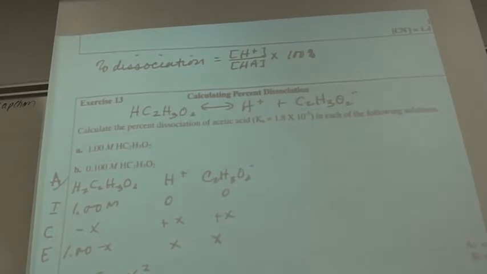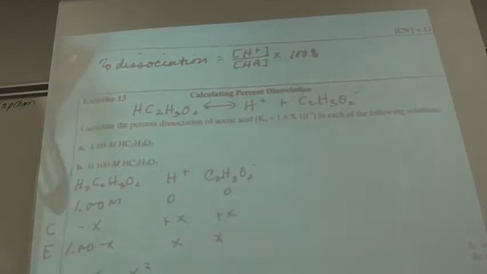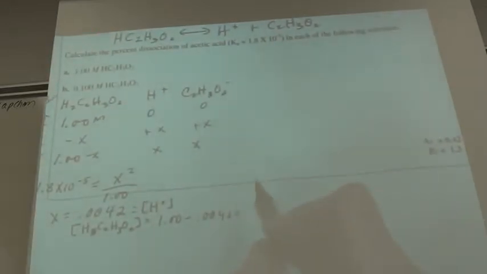And then the acid concentration at equilibrium, HC2H3O2, would be equal to 1 minus 0.0042, which is essentially equal to 1.